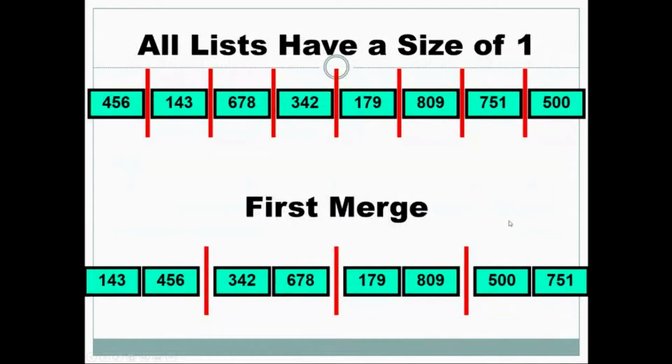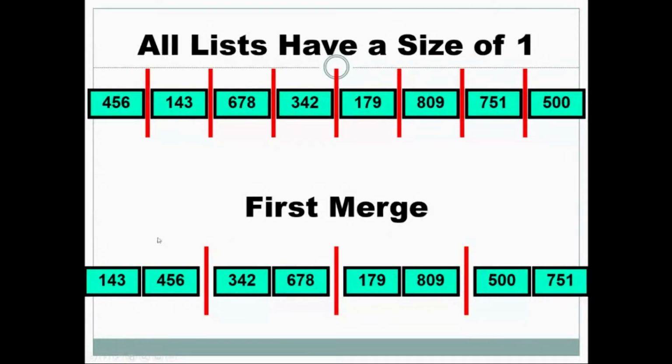Then we are going to see how to merge after you split into size 1 lists. You're going to find the first two and merge them. So now the first two are merged. Then the second two, 678 and 342, merge them. So now you have 342, then 678.